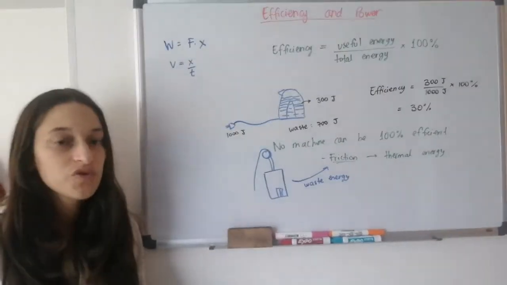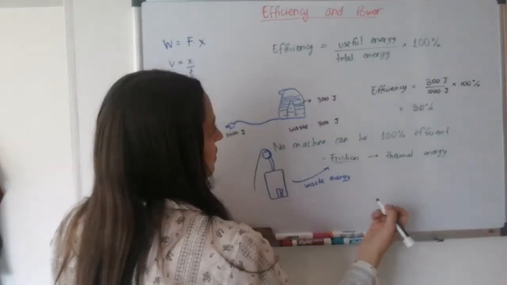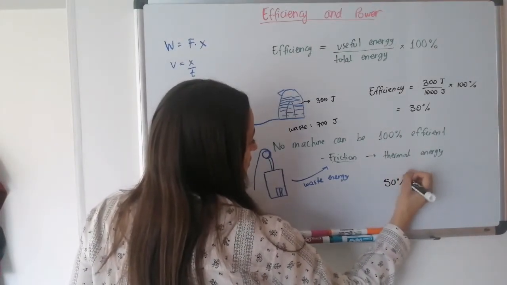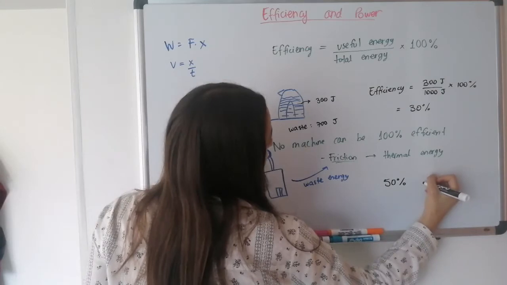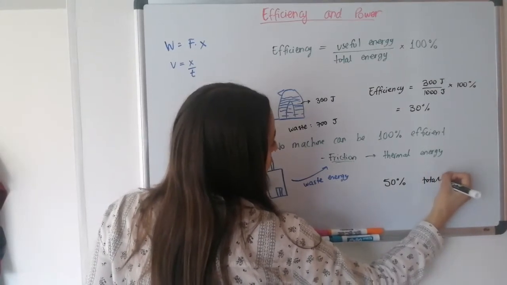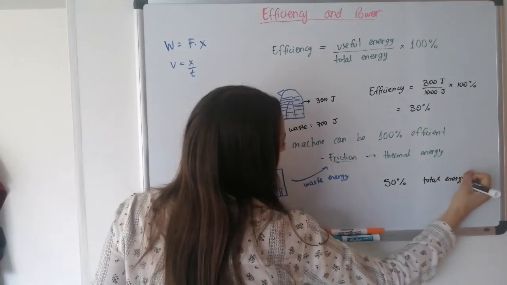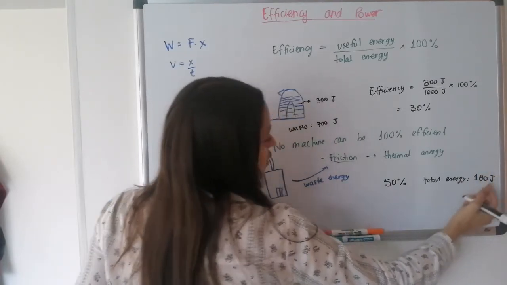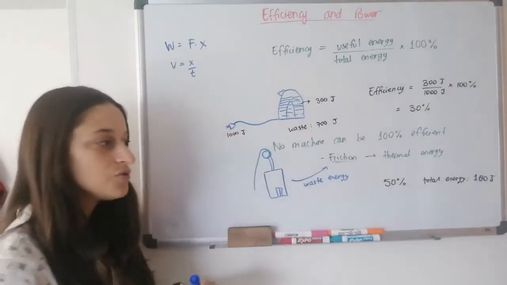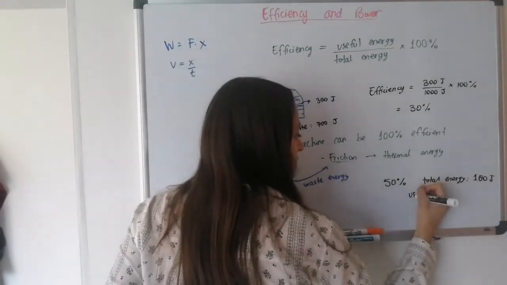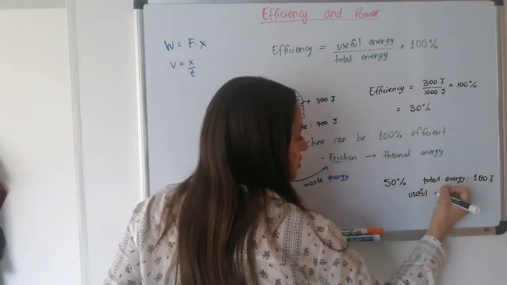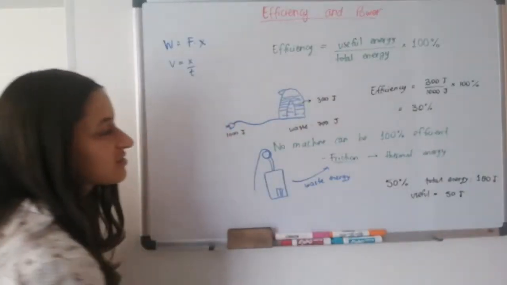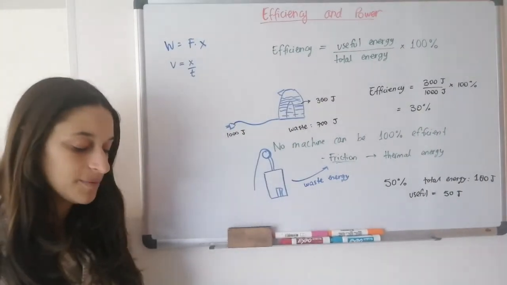So how much useful energy does a machine with a 50% efficiency give if you put into it a total energy of, let's say, 100 joules? So if only 50% was useful, the useful energy will be 50% of 100, which is equal to 50 joules. Right? So that's just a way to use efficiency.